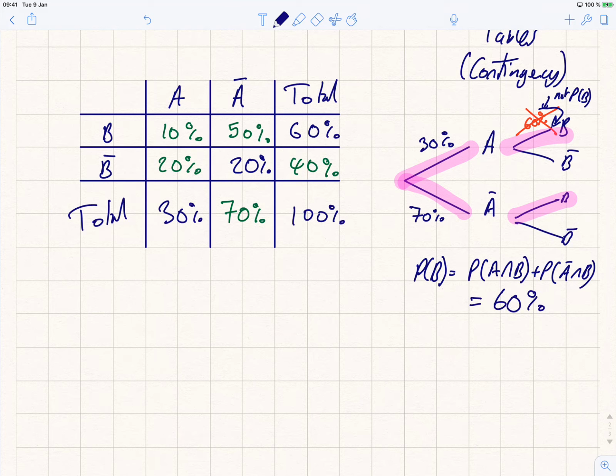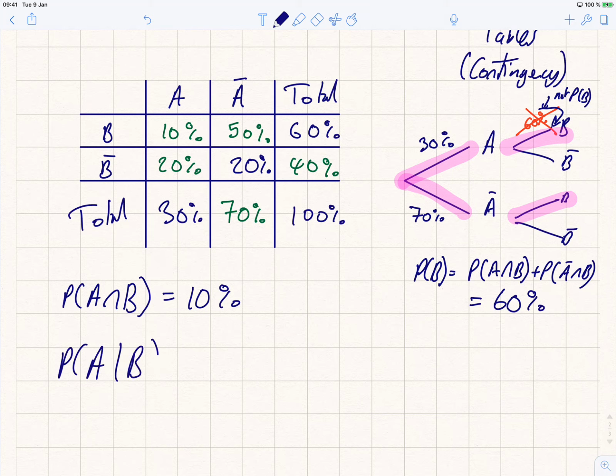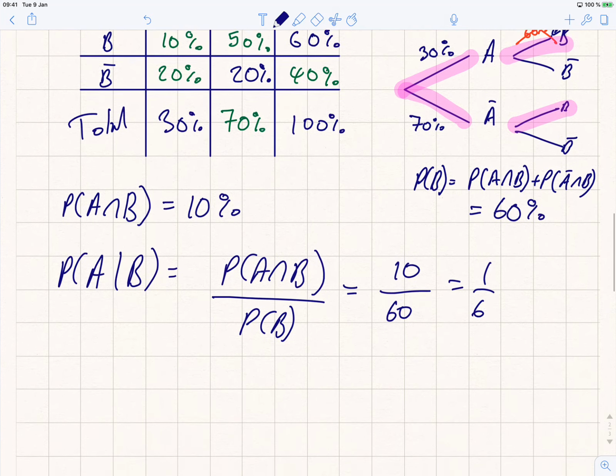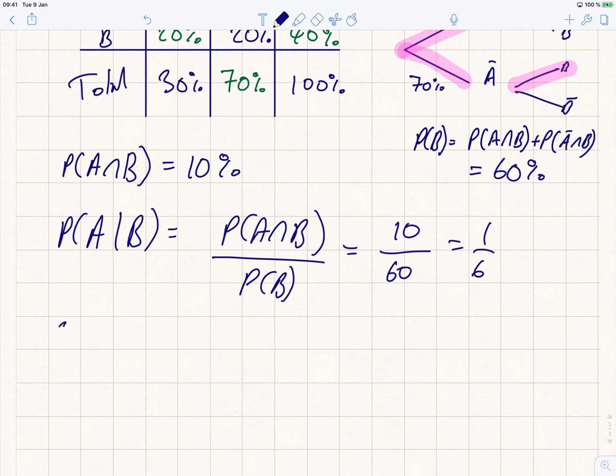So how can we use this two-way table to help me? Well, I know that A and B is equal to 10%. I know that the probability of A given B is 10 over 60, because the percentage cancels out, which is a sixth, and so on. How do we check independence?